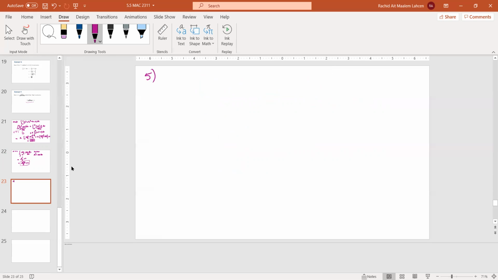Let's do number 5. Same, this is given. So if this is given this way, then du is this times dx, and look here, you have x to the 4th dx, which is this part.